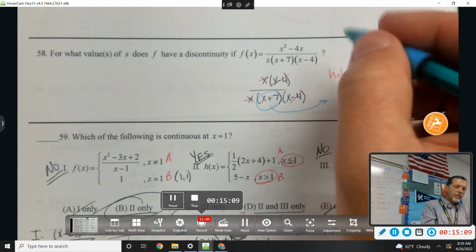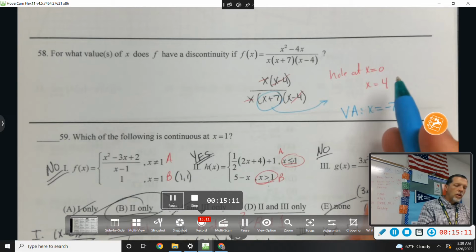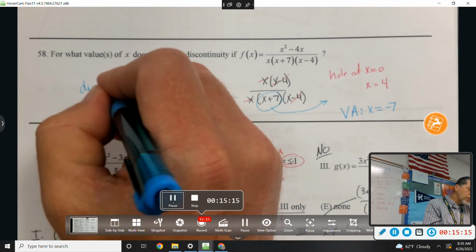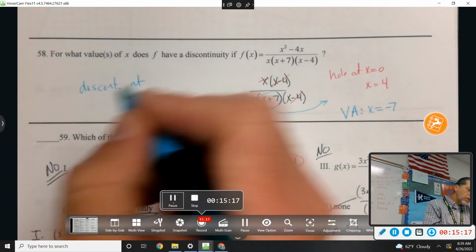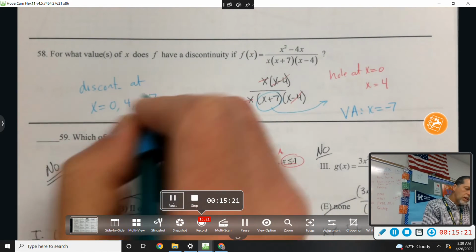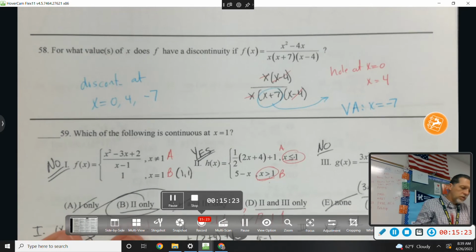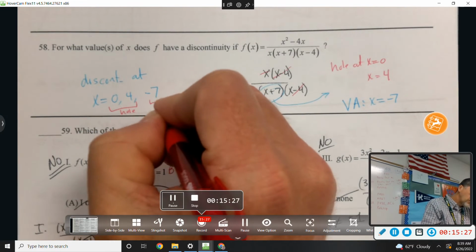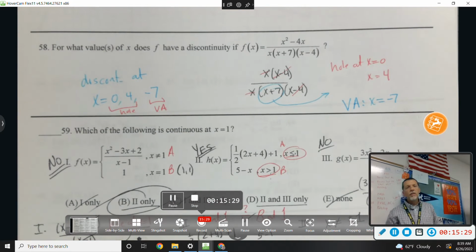But that's more detail than we need. Whether there's a hole or a vertical asymptote, all of those are discontinuous. So it's discontinuous at all of those places. So at 0 and 4 there's a hole, at negative 7 there's a vertical asymptote, but if all it asks is discontinuous, it's all of them.